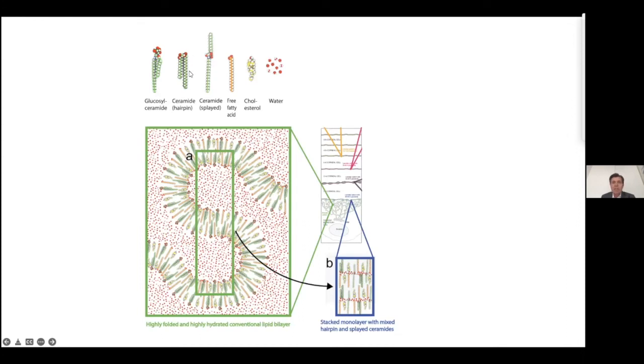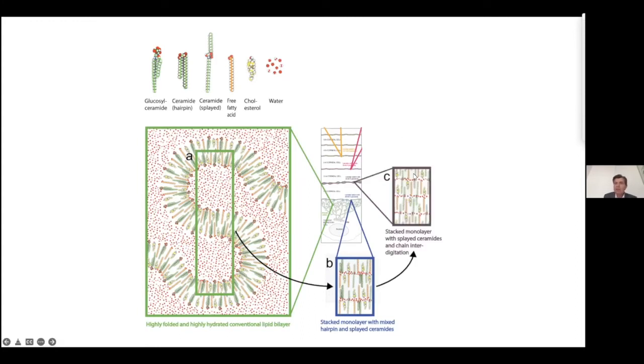And it's a mixture of two conformations of ceramides. We have both ceramides in this hairpin conformation and ceramides in the splayed conformation when they're stretched out. And another feature is that all molecules, all the ceramides, the free fatty acid and cholesterol, are randomly oriented in both directions. So all molecules are in all directions in the lamellar plane.